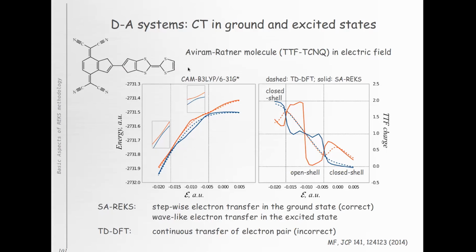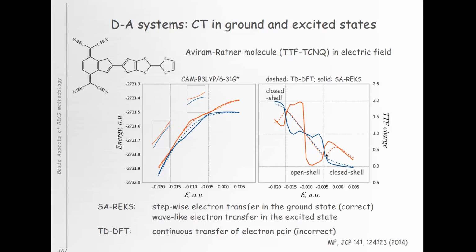However, if one applies standard Kohn-Sham DFT to describe this electron transfer situation, even in the ground electronic state, you will see that the electric field drives not electrons one by one, but the whole electron pair in the HOMO will be somehow distorted and transferred.